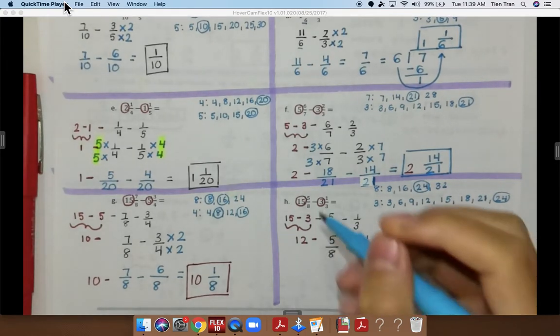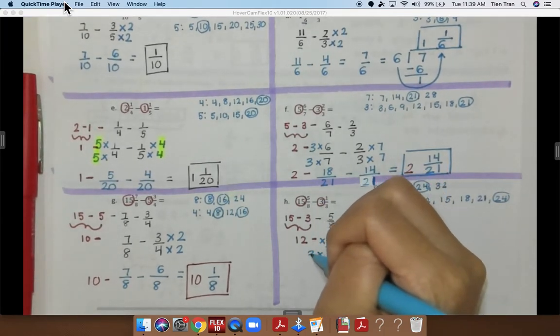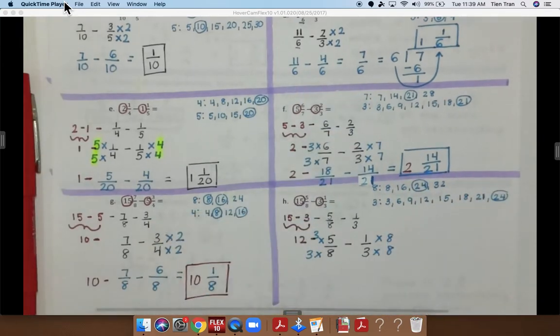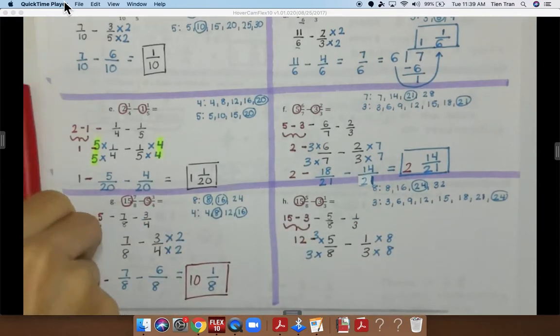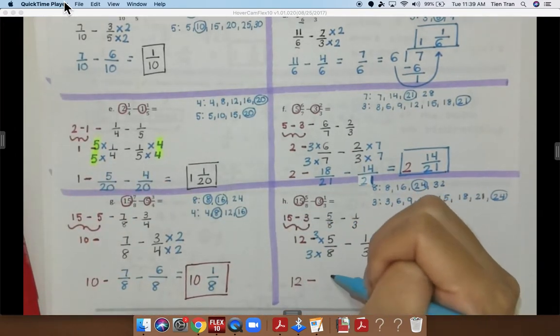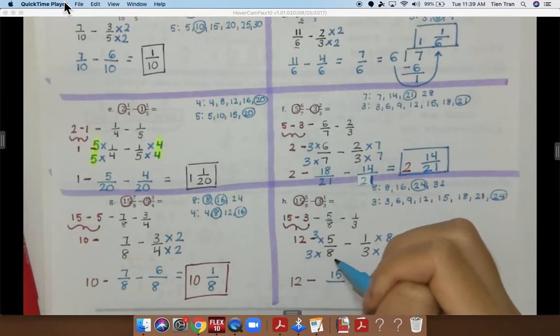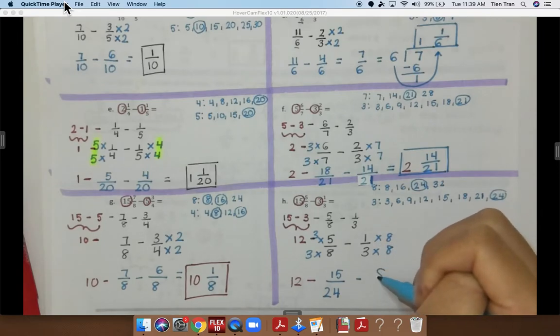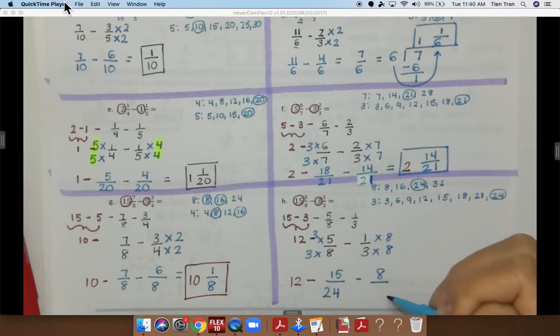So I'm going to make sure I multiply 8 times 3 to get 24 and 3 times 8 to get 24 as well. So now I have 12 minus 3 times 5, which is equal to 15, and 3 times 8, which is equal to 24, minus 1 times 8, which is equal to 8, and 3 times 8, which is equal to 24. Okay?